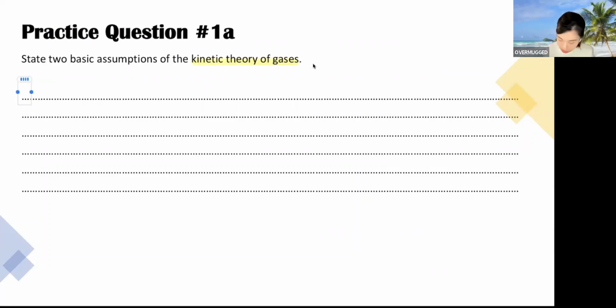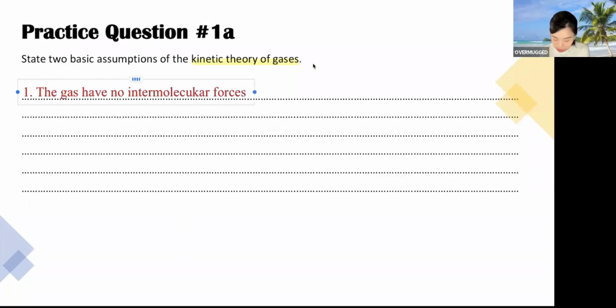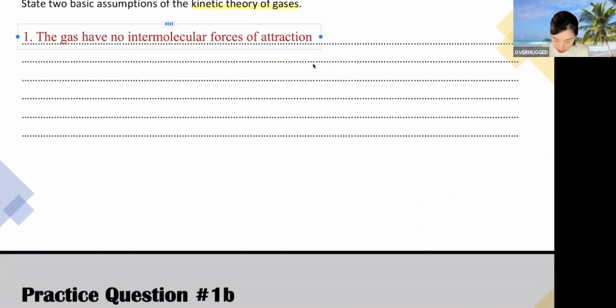The first one being, the gas has no intermolecular forces of attraction, except during collisions between the molecules.